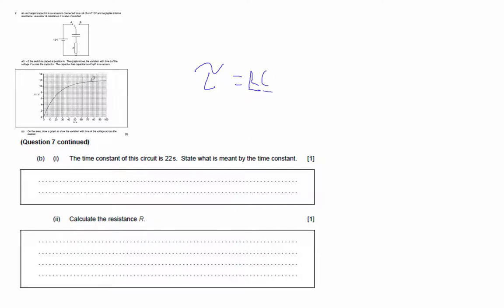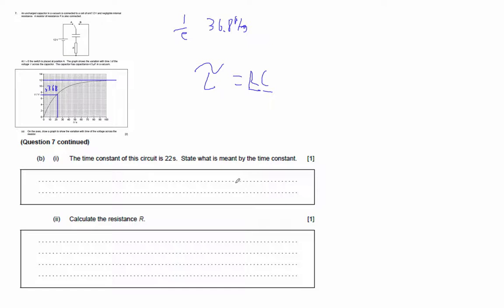But it's also, if we imagine this 12 volts here, and say it's 22 seconds, right there, that's the time for it to get to within 1 over e, or 36.8%, of the 12 volts.